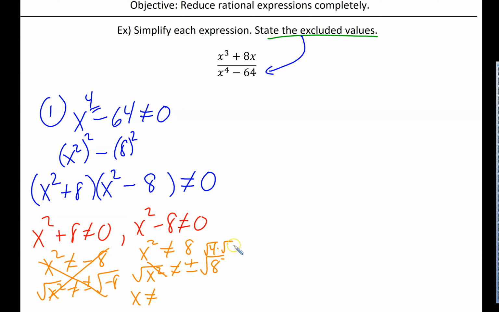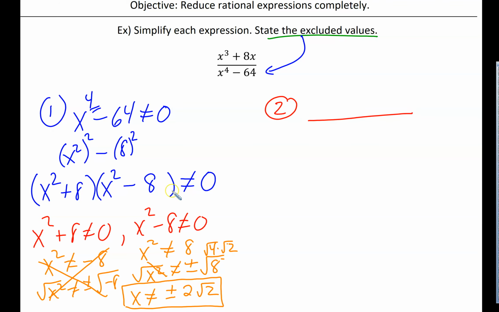And this would give us a positive or a negative 2 times the square root of 2 in our simplest form, which is expected that we simplify things like that for these problems. You can write it in the plus minus format, that's fine at this point, or you can separate them, either way. All right, now we're going to look at simplifying.